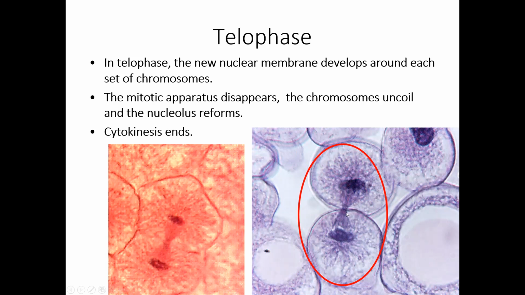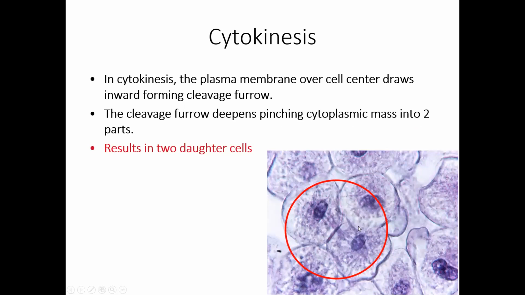Here the daughter cells are almost completely separated. Cytokinesis has taken place along here, and we have almost two distinct cells at this point. And we see this one is even further along, forming these daughter cells.